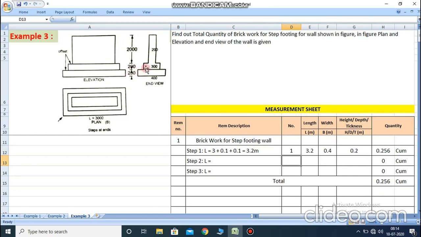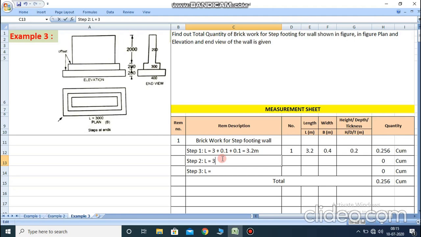Now we take step 2. First we calculate the length. The length of the wall is given as 3000 mm, plus we add the first offset and second offset. Here the width of the wall is 200 mm, and the width of the second step is 300 mm. So the difference between 300 and 200 is 100 mm. The summation of the offsets on both sides is 100 mm, so we add 50 mm and 50 mm for both sides.